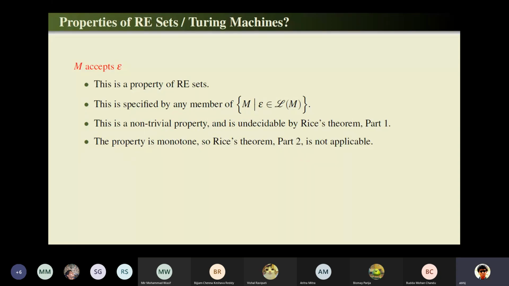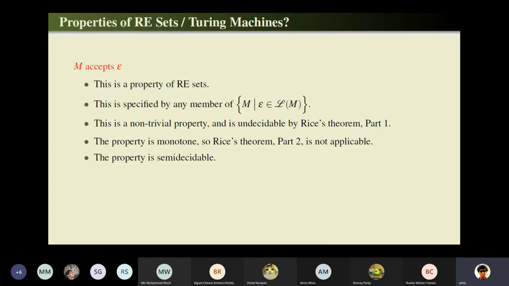And that Turing machine need not be total. It is anyway undecidable, so I will not design a total Turing machine for it. Or if it is not semi-decidable, I have to propose a reduction from the complement of HP or something like that. But in this case, this property is actually semi-decidable.